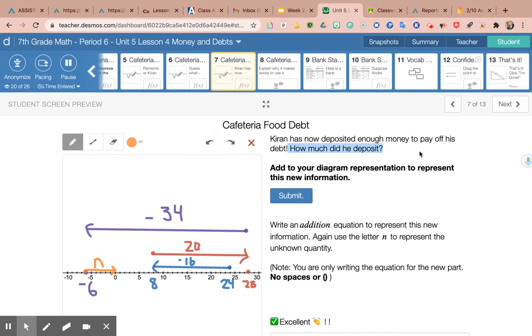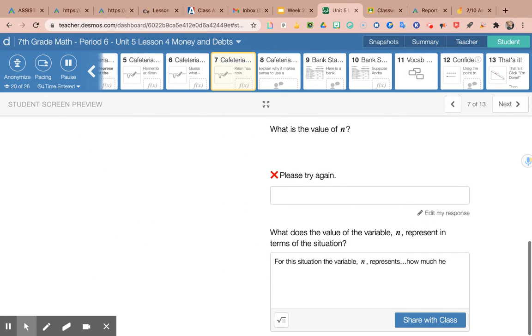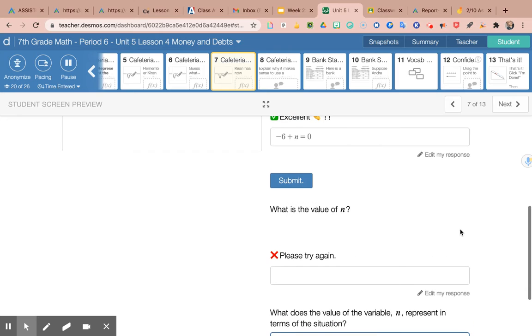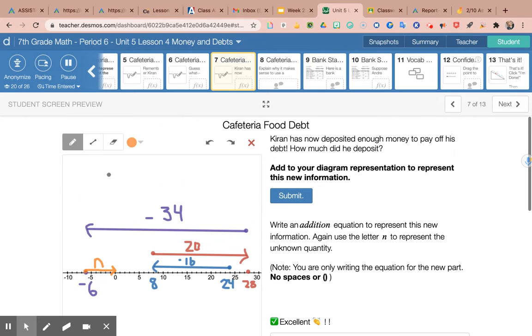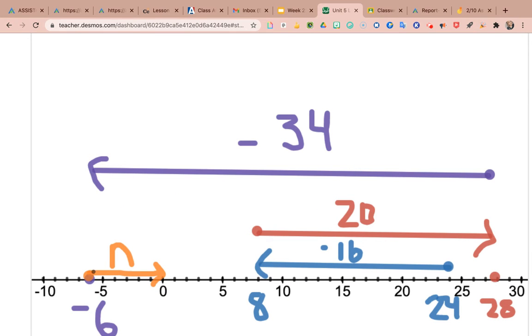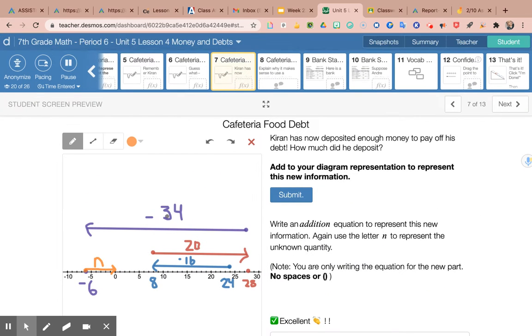So look back at the question. N is how much he deposited or added, paid, however you want to word it. So N, the unknown variable or letter, is usually the question.